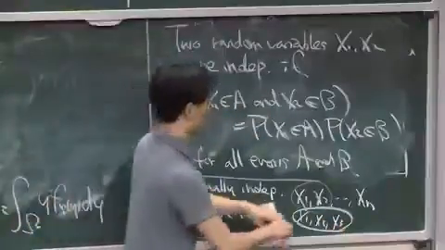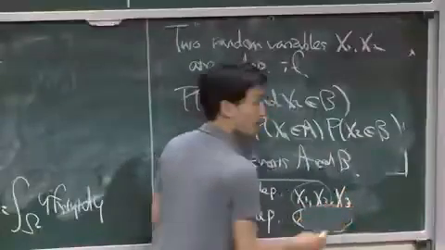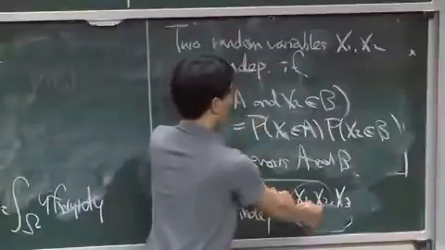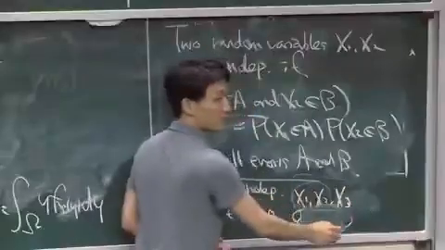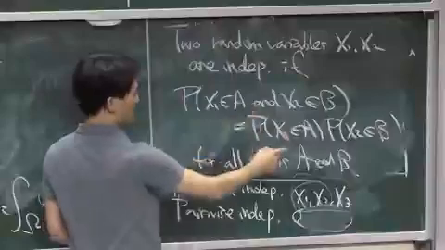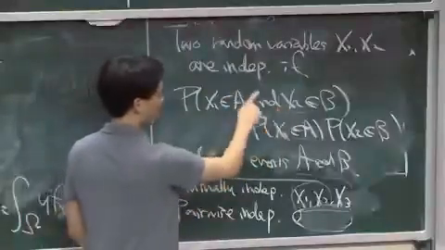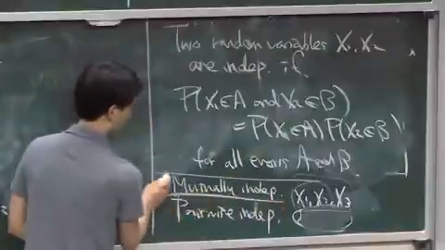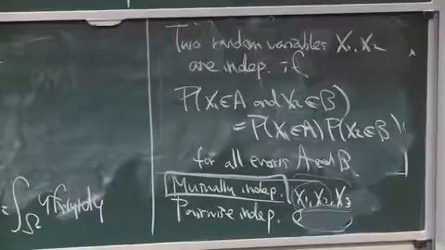So let's see, in the example of three random variables, it might be the case that each pair are independent. x1 is independent with x2, x1 is independent with x3, x2 is with x3, but altogether it's not independent. What that means is this type of statement is not true. So there are sets A1, A2, A3 for which this does not hold. That's just some technical detail. We will mostly just consider mutually independent events. So when we say that several random variables are independent, it just means whatever collection you take, they're all independent.